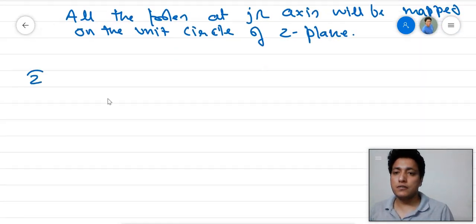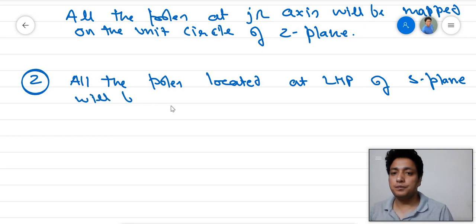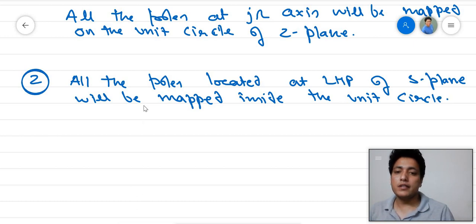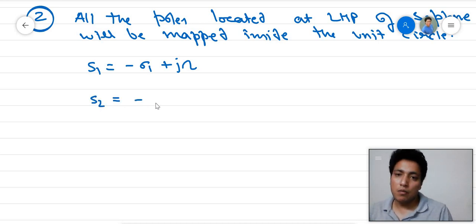Second observation is all the poles located at left hand plane of s plane will be mapped inside the unit circle. We will take the example. Let's say s1 is equal to minus sigma 1 plus j omega, s2 is minus sigma 2 plus j omega.